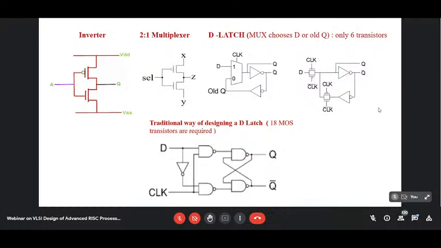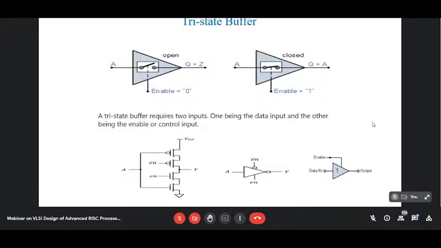If the gate is 0, there won't be any connection between Z and Y. This is open, which means it's a tri-state. But if your gate is 1, the switch will be on, the transistor will be on, and whatever you give at Z, you will get at Y. Isn't it? So this is a tri-state buffer.